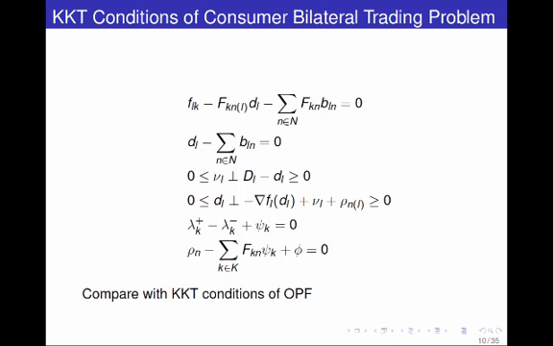Here in price adjustment we have two types of markets. We have markets for transmission rights and markets for energy. Well, let's write out the energy market clearing conditions.